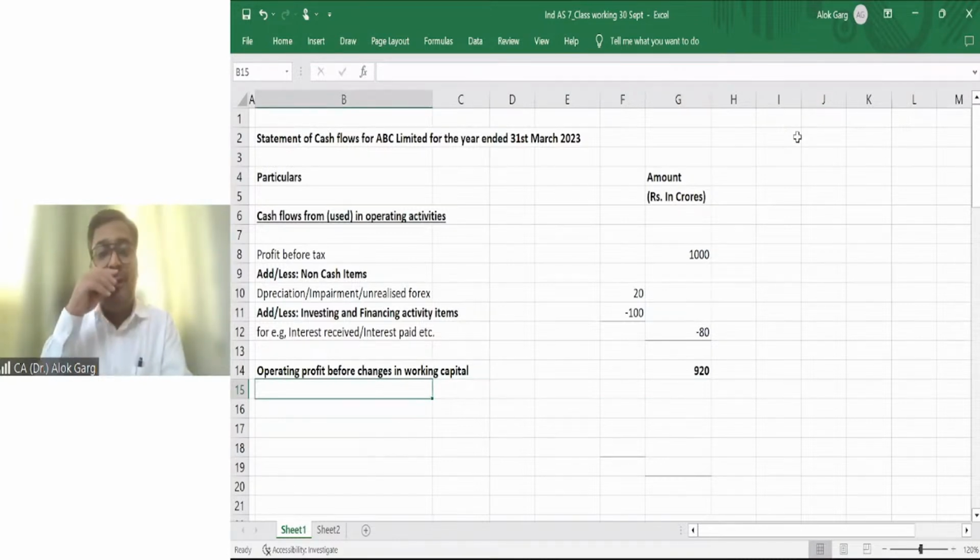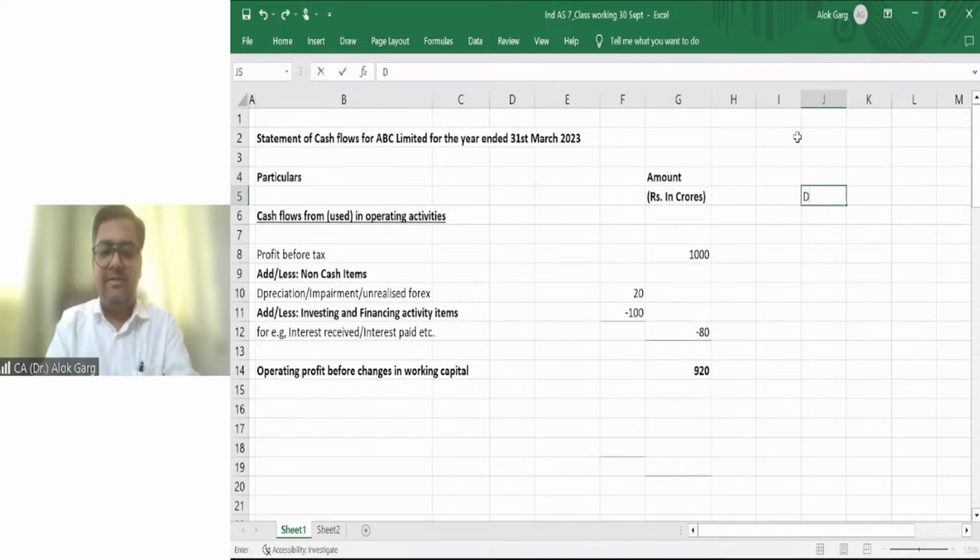Now, friends, you need to adjust your working capital movement. And why is it important? Let me tell you why. Friends, for example, there are debtors. I'm showing you a debtor schedule.